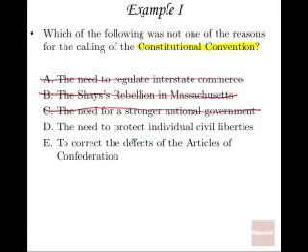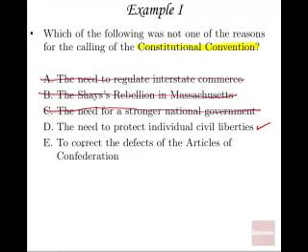So after the Constitutional Convention finished meeting, there's a group of people that said that there was a need to protect individual civil liberties, but the need to protect individual civil liberties did not lead to the calling of the Constitutional Convention. So this is correct in the sense of what happened after the Constitutional Convention, but is incorrect in that it did not lead to the calling of the Constitutional Convention.